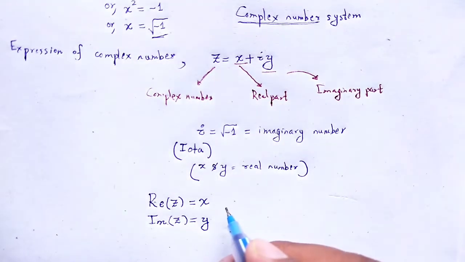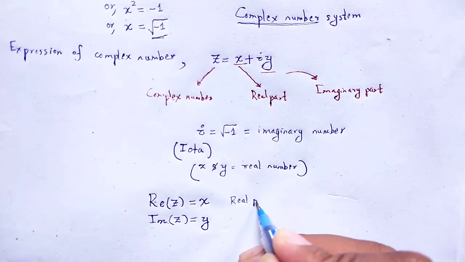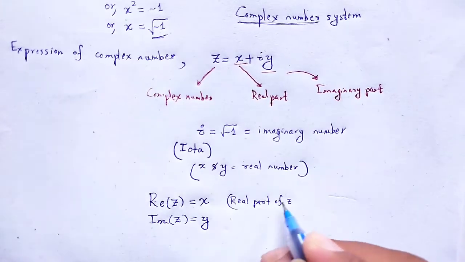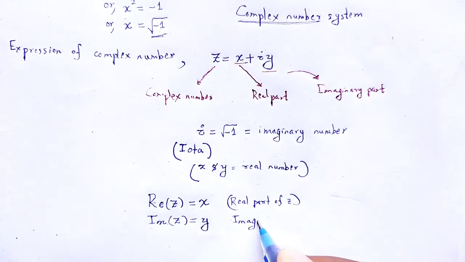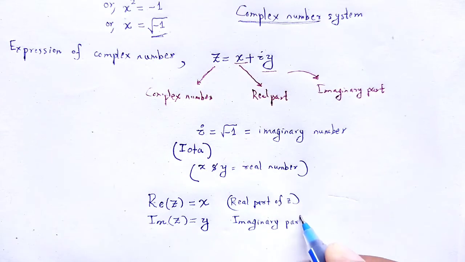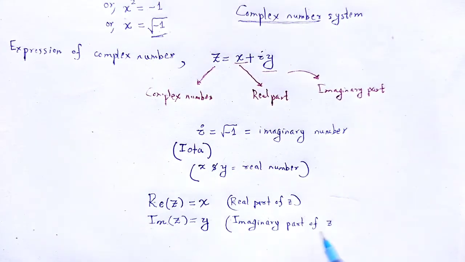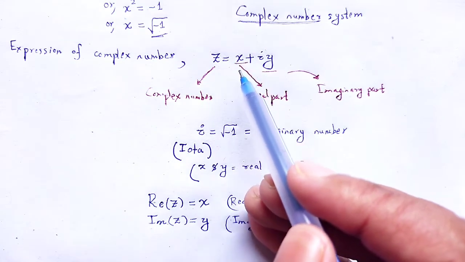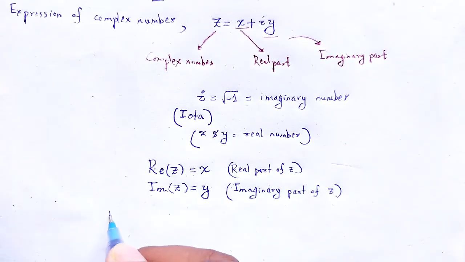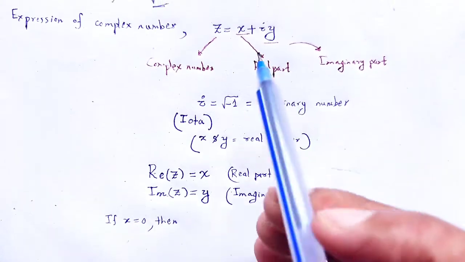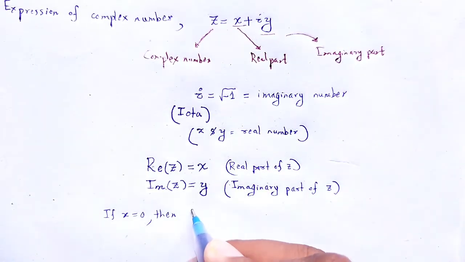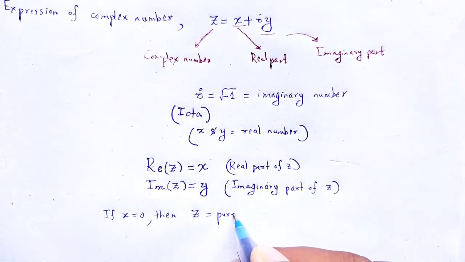If x is equal to 0, then that complex number z is said to be pure imaginary.